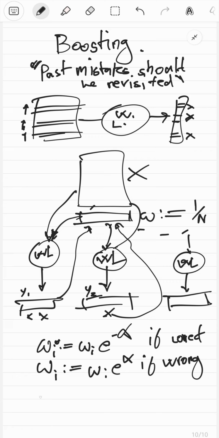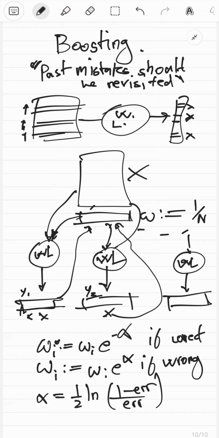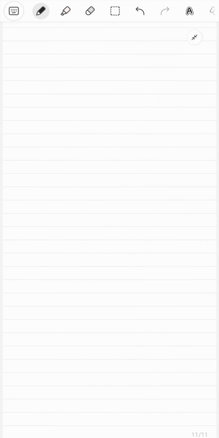This quantity alpha is half natural log of 1 minus ERR upon ERR, where ERR is the weighted error basically, right? Each of these samples is given some weight, so the total weight is just the summation of Wi, but for the incorrect samples in this case, it's the summation of Wi which are incorrect.